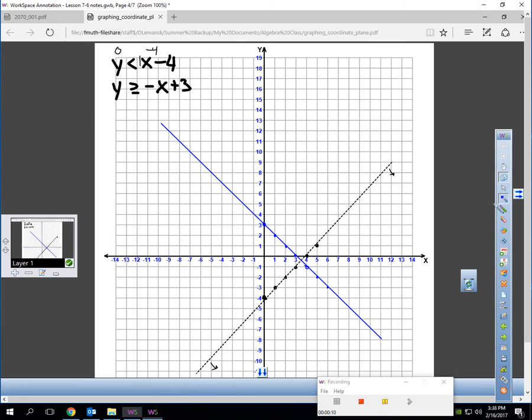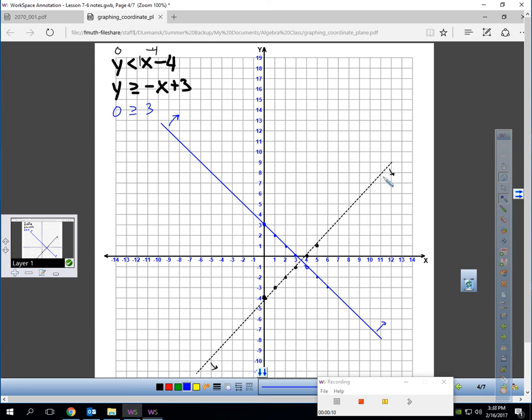Now let's test 0, 0 on this inequality. If I plug in a 0 here and a 0 here, 0 plus 3 is 3. Is this true? Is 0 bigger than 3? Not on the number line, it's not. So 0, 0 is on the wrong side, which means I should be shading up above the blue line. So now I got to combine.